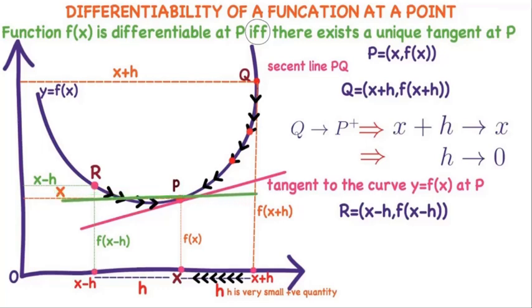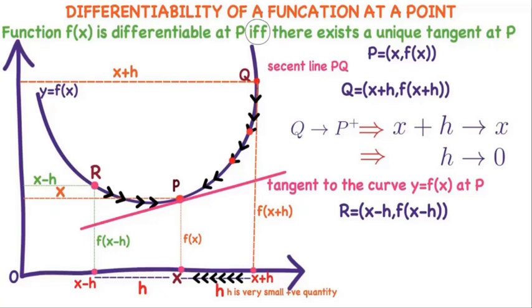It is becoming the tangent to the curve y is equal to f of x at the point P. So what we observe here is, when Q approaches P from the right and R approaches P from the left, the secant line becomes the tangent to the curve y is equal to f of x at point P. That means for this curve y equal to f of x, there exists a unique tangent to the curve at point P.